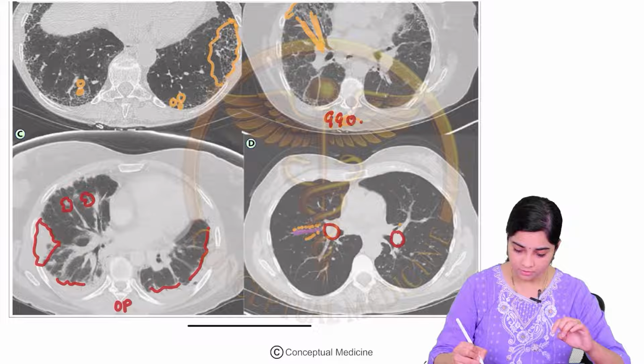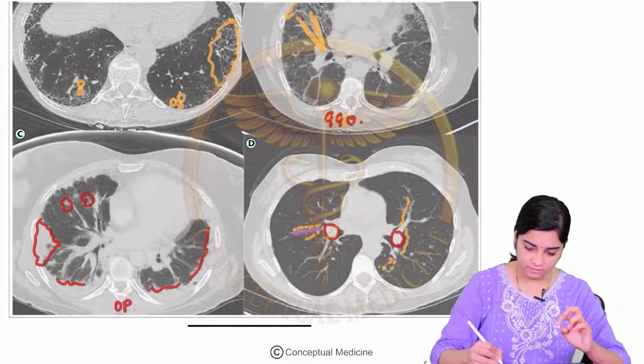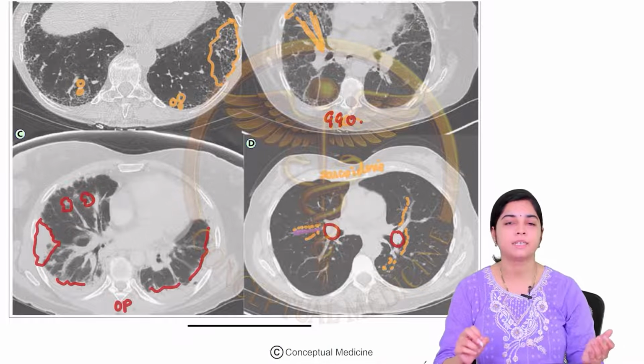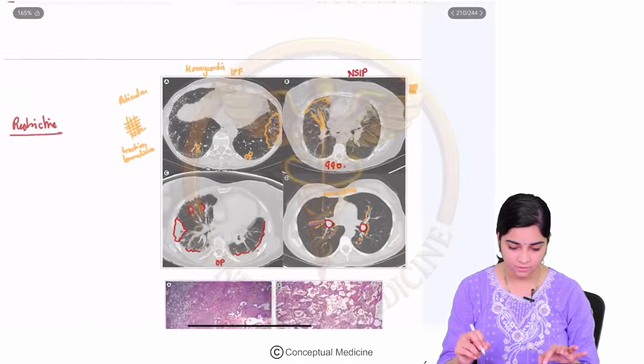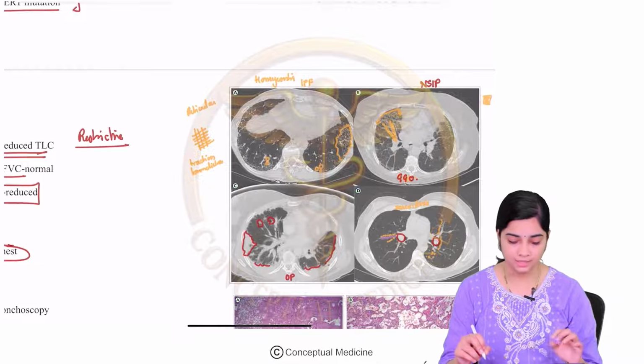So this peribronchovascular nodules is a characteristic feature of which type of ILD? So this is seen in your sarcoidosis. And the other condition, another important DD, is your lymphangitic carcinomatosis, where you have certain types of cancers which spread along the lymphatic system. Okay, so this is about the various CT findings which you can find in ILDs.